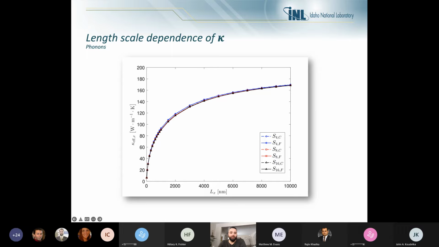What you're seeing here is that due to the way phonon scattering changes in this material, the thermal conductivity increases as we get larger. The reason for that can be a little murky, because you think silicon is silicon is silicon. Why would the thermal conductivity change based on how big it is? I mean, that doesn't make any sense.